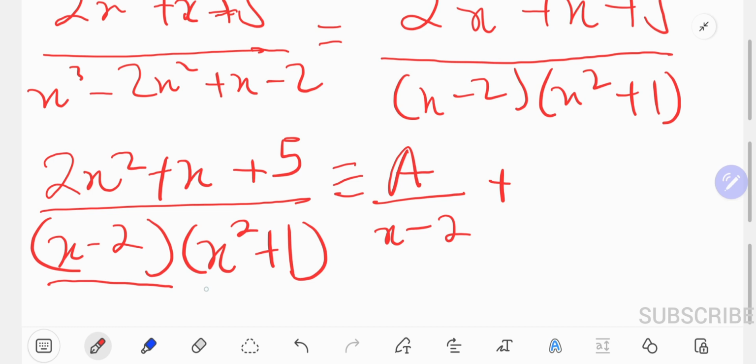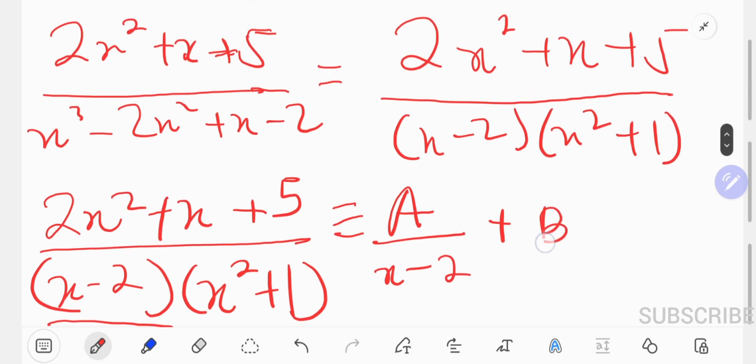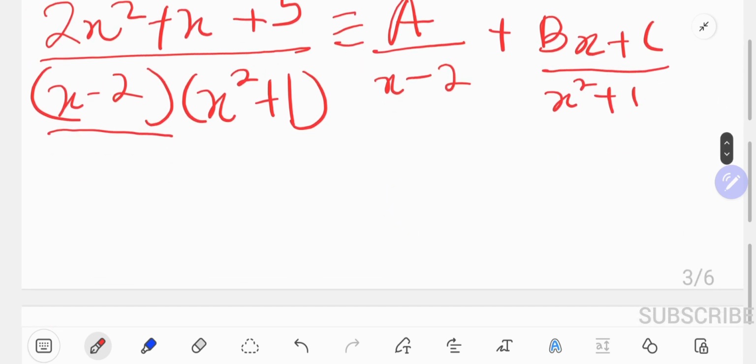Okay, we can no more factorize this. We can't factorize x squared plus 1, not in the real number system. In a complex world we can factorize it, but in the real number system we can't. So this is a quadratic factor, so that's going to be bx plus c all over x squared plus 1, right?